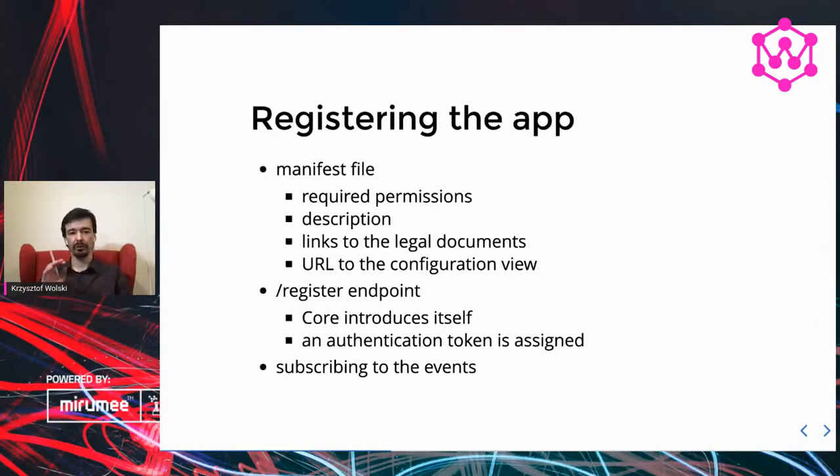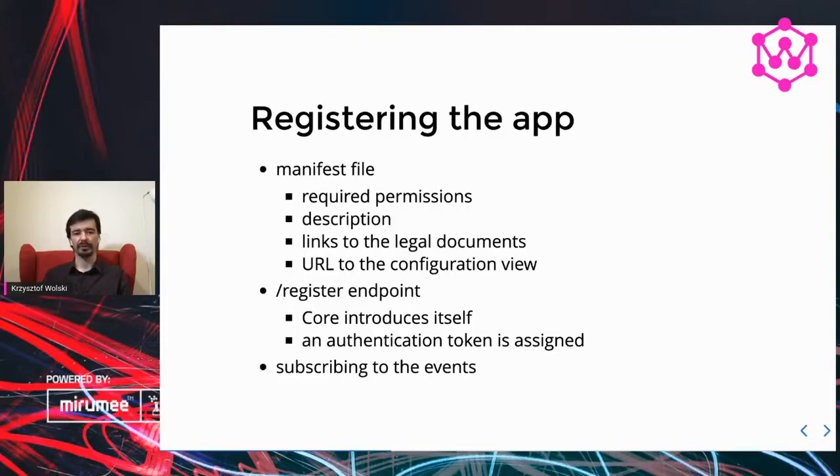So you want to create an app. The first thing you need is a manifest file. It's a file which describes your application. Sorry for my cat if you hear him. It has a list of permissions, so the application has a restricted scope of data on your server.